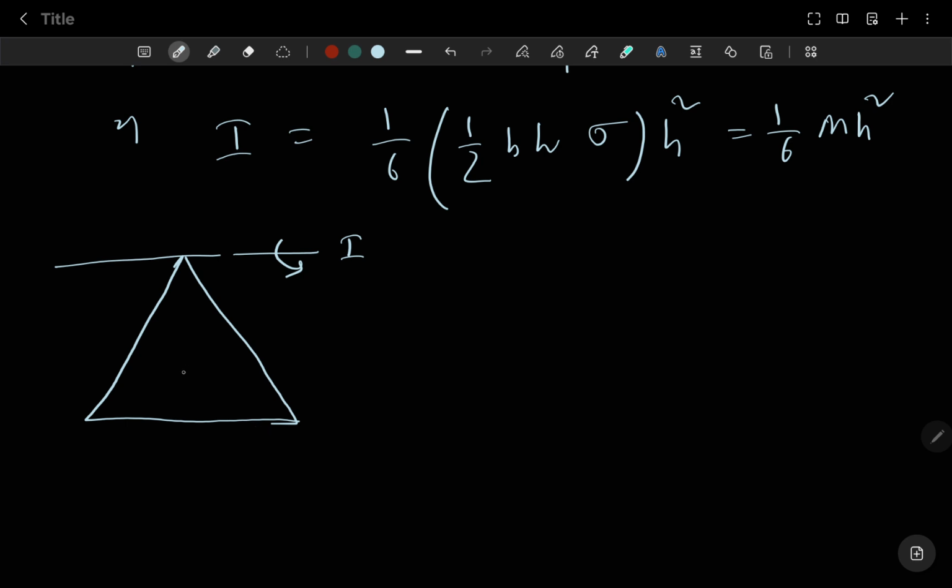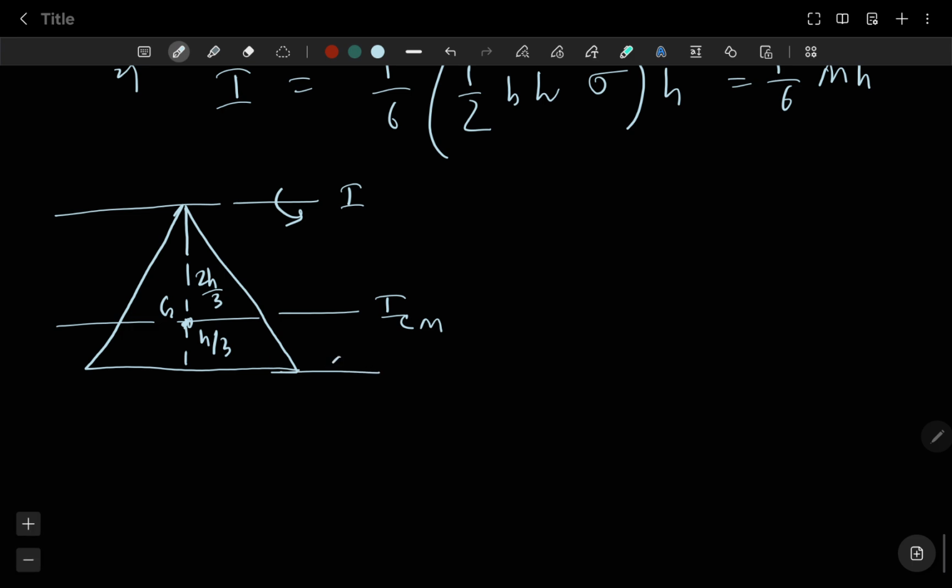First let us consider this axis I CM. This is the center of mass. The center of mass, we know, lies on the median. This is h by 3, this is 2h by 3, we know this. We have already calculated this I, call it I1 then. So I will be I CM plus m (h by 3) square.